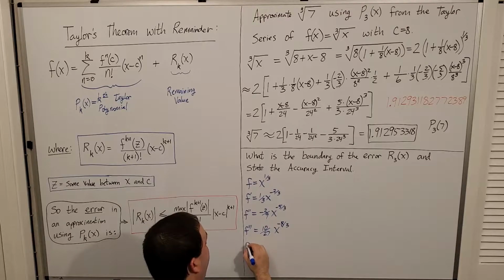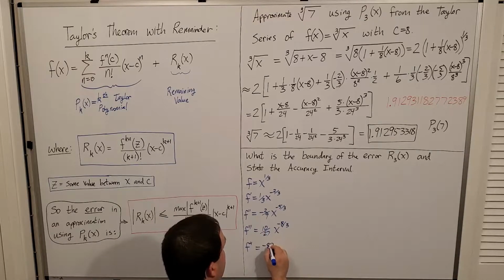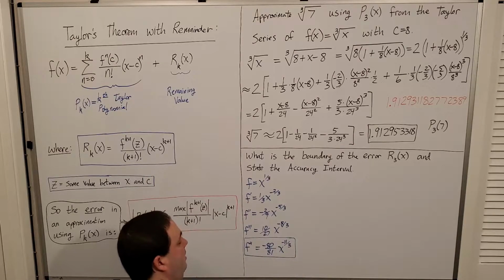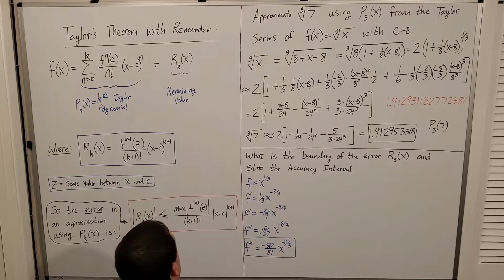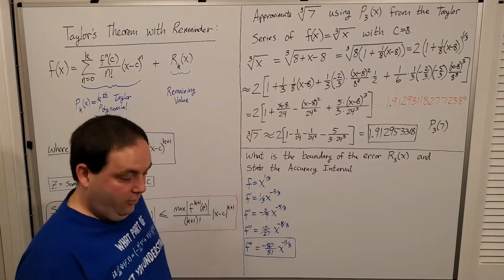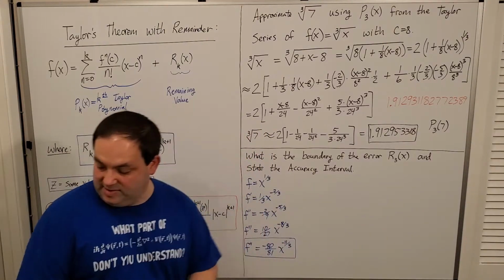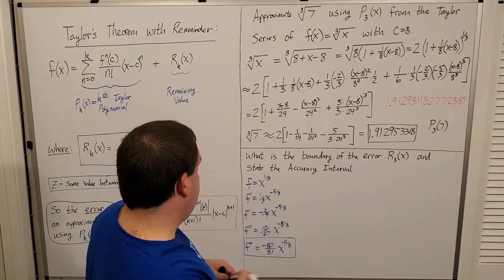Okay, I need one more derivative because we went to P3, so I need the k+1 derivative. So I need the 4th derivative of our function, f4. Okay, that's going to give me negative 80 over 81 x to the negative 11/3. That right there is going to be the derivative in question. Now, for my r sub k value, the actual value of r sub k is going to pick some z, right, in between x and c.